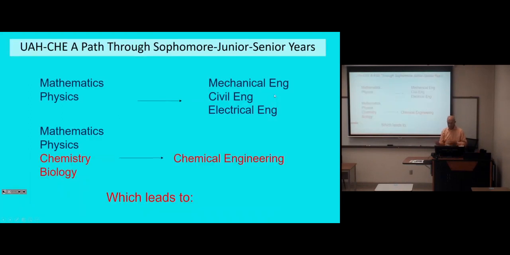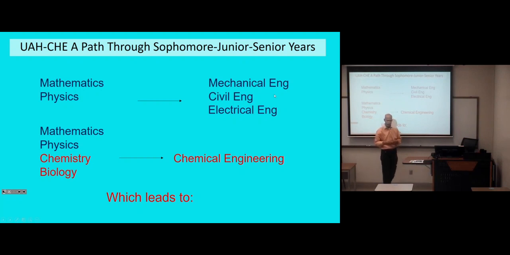So what makes the chemical engineer different than any other kind of engineer? Engineering has a basis in that you need to have a good background in mathematics and a good background in physics. And this is true no matter what branch of engineering you go through. Chemical engineering becomes a little bit special in that you need to have a good knowledge of chemistry.